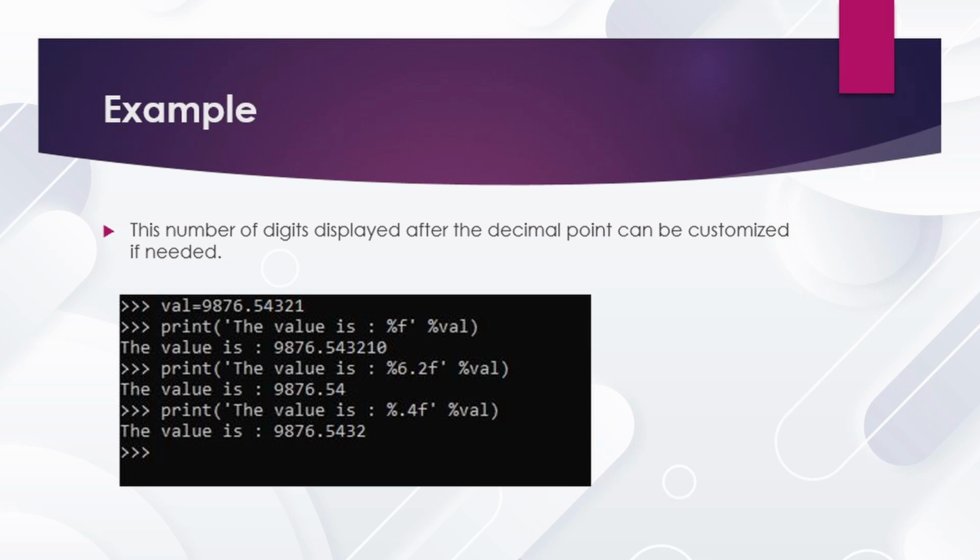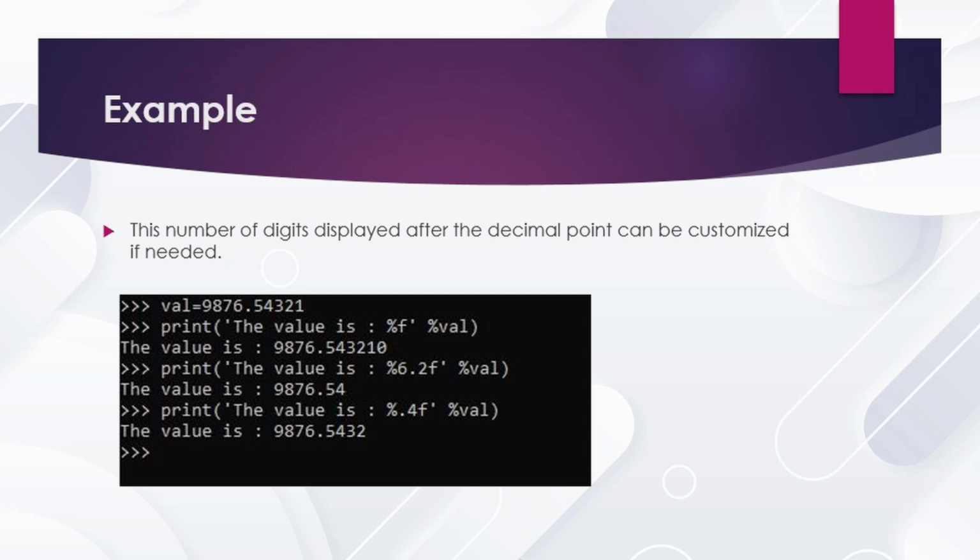Let us consider this example. Here, in the first print statement, %f is used. So, by default, it displays the number with 6 digits after the decimal point.